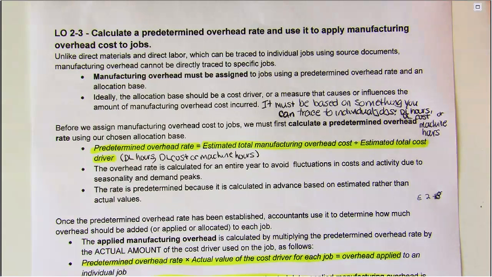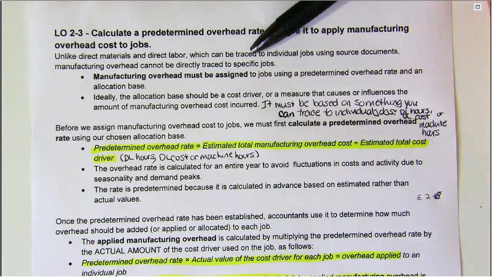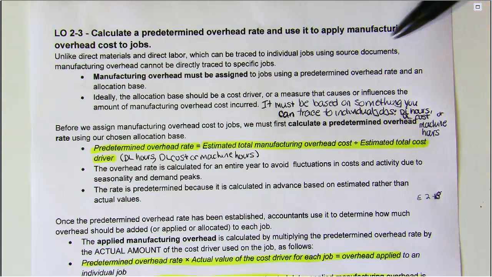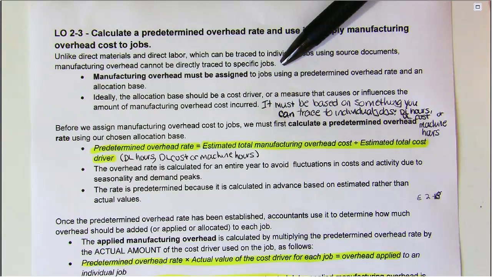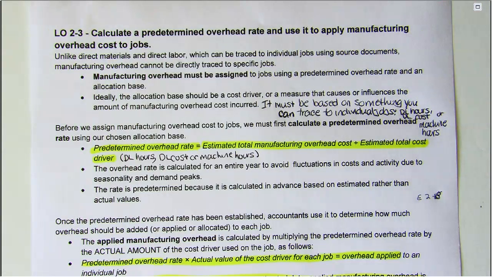Our notes tell us that unlike direct materials and direct labor, which can be conveniently and accurately traced to individual jobs using our source documents, manufacturing overhead cannot be directly traced to specific jobs. If you remember, manufacturing overhead consists of things like indirect labor, which might be the security guard or the plant manager or the production supervisor.